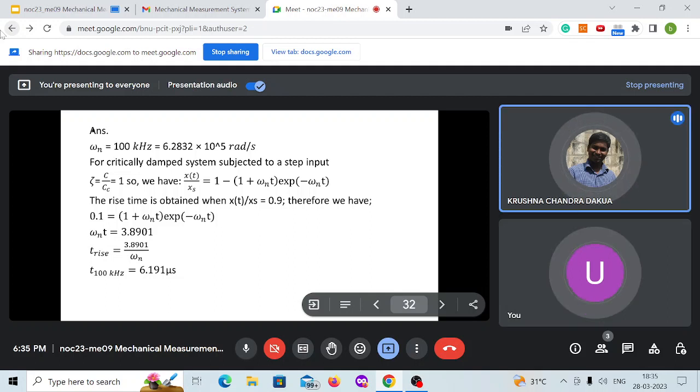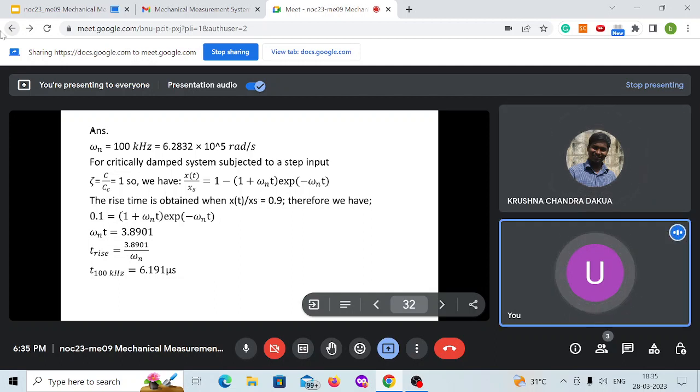Further, the expression we have to remember has already been discussed: the critically damped and underdamped equations. A question may come, I don't know, because the examples can be similar to the assignment problems.